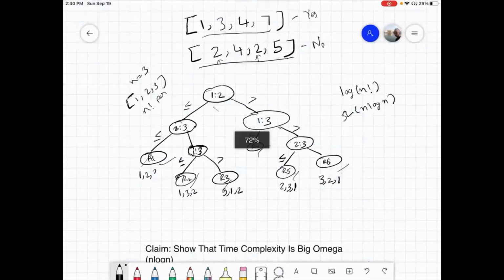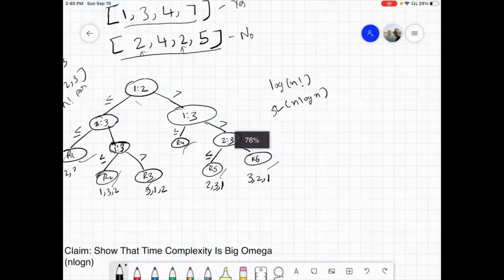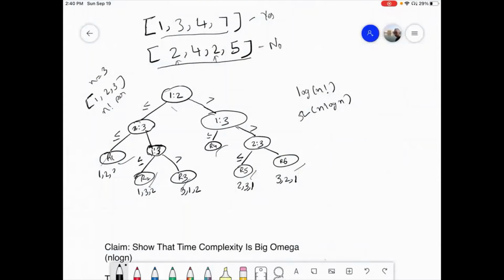Coming to the element distinctness problem, we only have two outcomes, right? One is yes and the other one is no. When you use those two outcomes, you end up having log of 2, which is equal to 1.